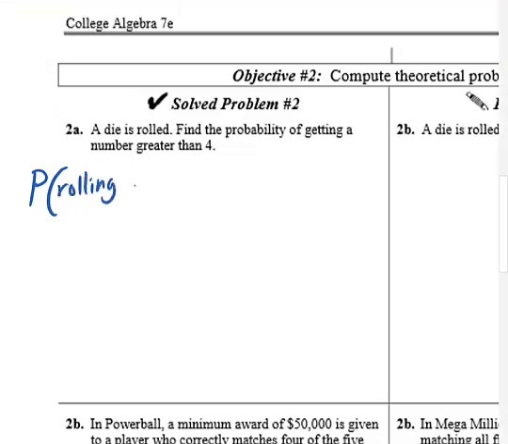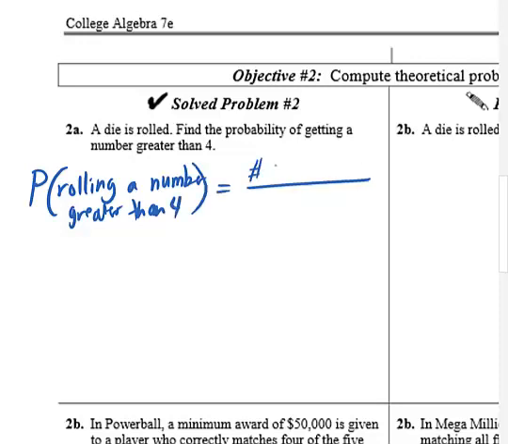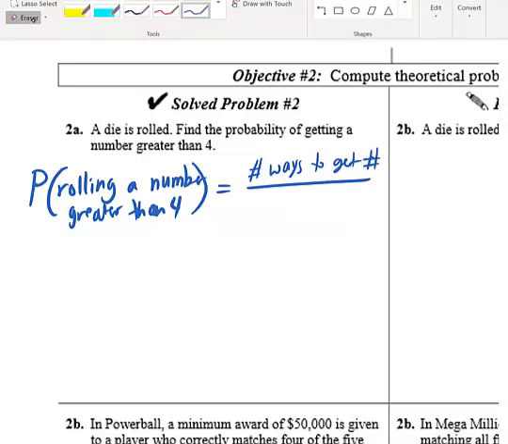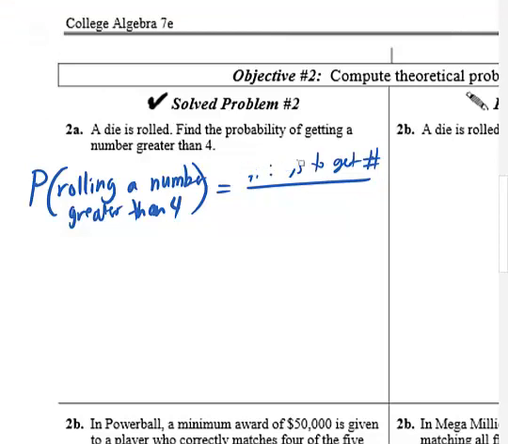Rolling a number greater than 4. Okay, that would be the total number of ways that I can get what I want. Number of ways to get a number greater than 4. Oh, I don't know, there's probably a better way to phrase that. I'm just going to say, how about numbers greater than 4?